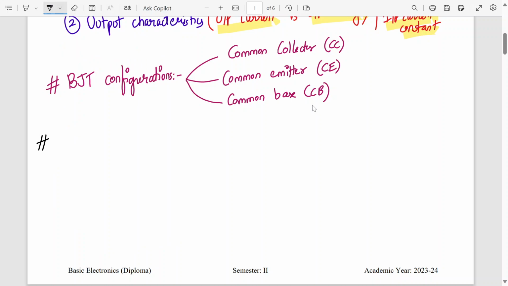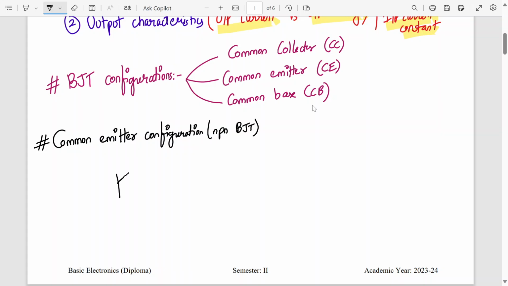Okay, so let's start with common emitter configuration of BJT. Now mind you, we are using NPN BJT. Okay, so how does it look like? First of all, we have to draw a BJT.